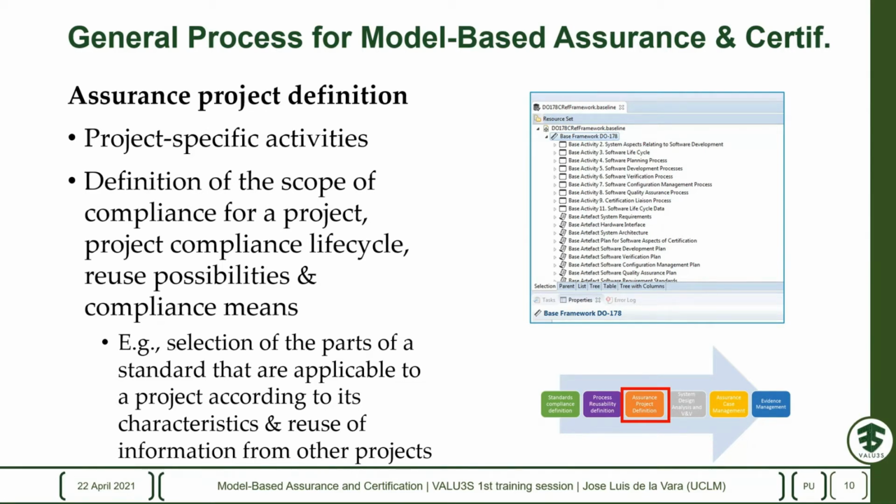In simple words, once you have the complete model of a standard, in this example DO-178C, you can select the parts of the standard, activities, or artifacts that apply to your project according to its characteristics. And also at this stage, you can manage and analyze the possible reuse of information from other projects.